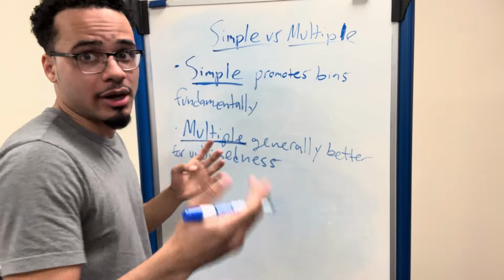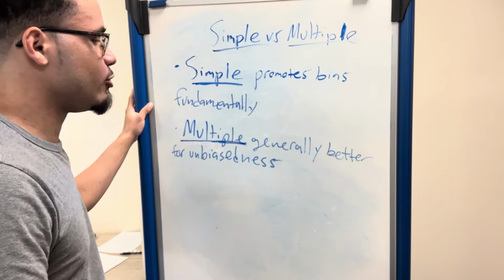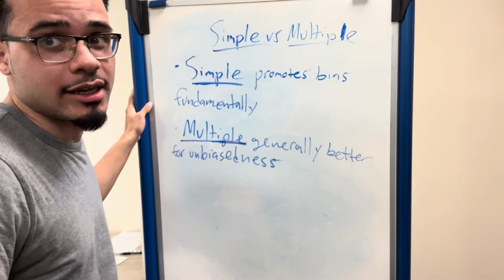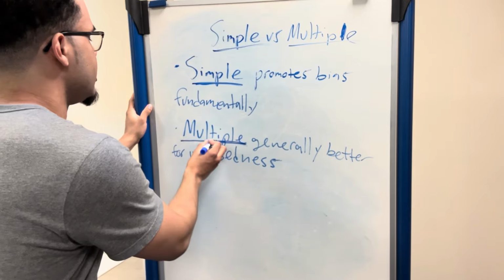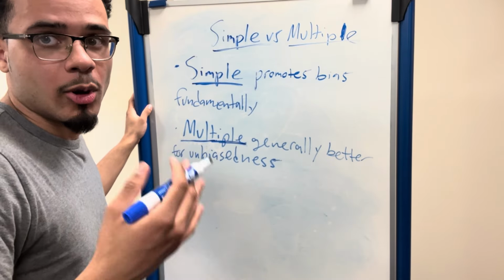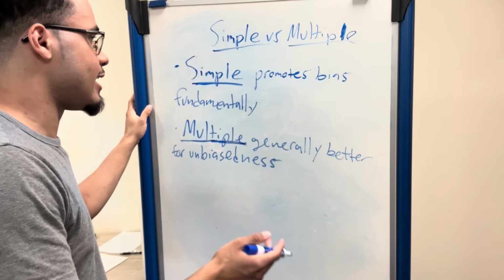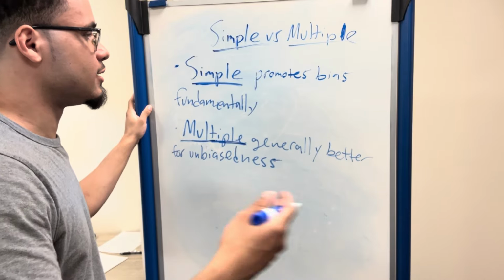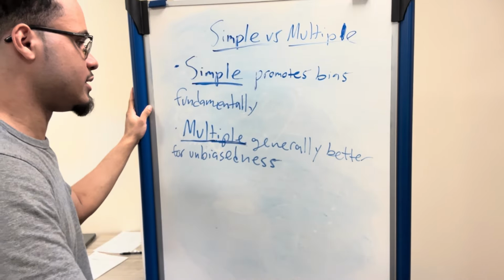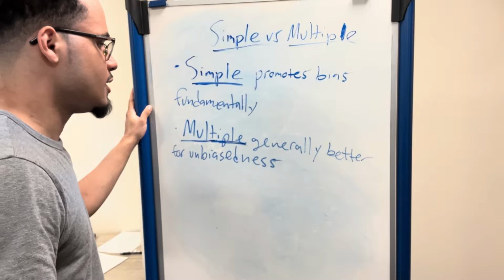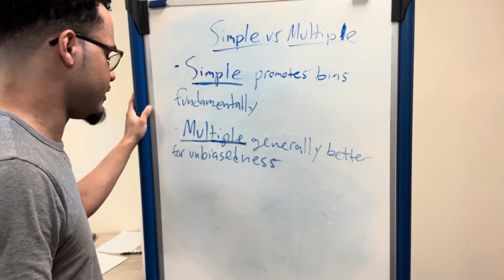We want to keep doing the unbiased estimator test that I showed you before, because if we put too many in, then we put in irrelevant factors that artificially inflate our R squared and whatnot, and it collapses the no perfect multicollinearity assumption that is required for the variance. So it potentially collapses the reliability of the variance for the multiple regression estimator. But at the same time, I'd say it's generally better for unbiasedness.